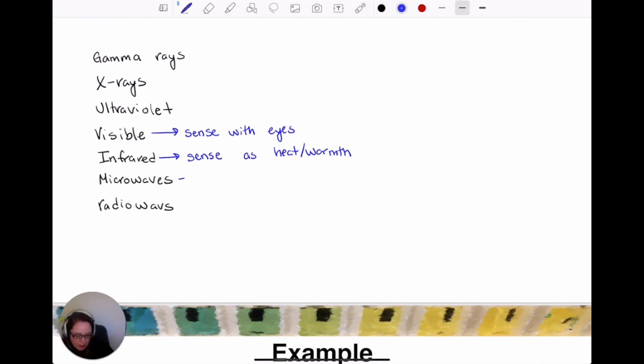Okay. Microwaves you're probably familiar with. We do use these to cook food. If you have a microwave at home, you've probably used it. We definitely have one, and we have a few on campus you've probably used. Microwaves are also used for medical imaging. MRIs, or magnetic resonance imaging, are based off microwaves.